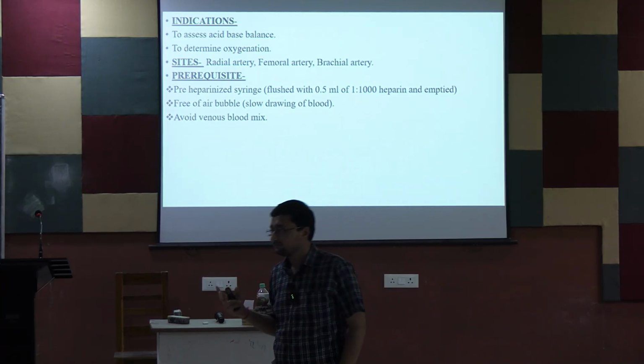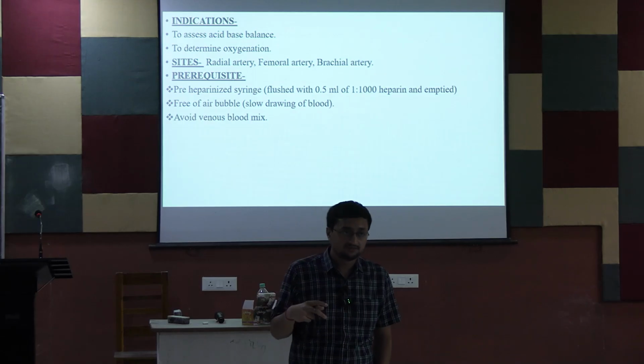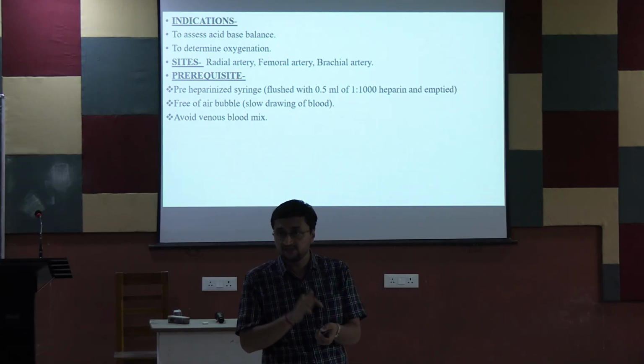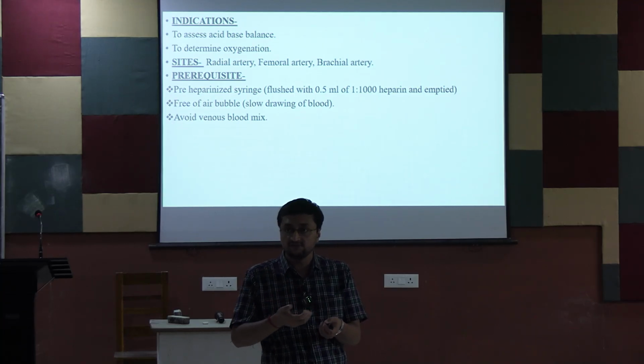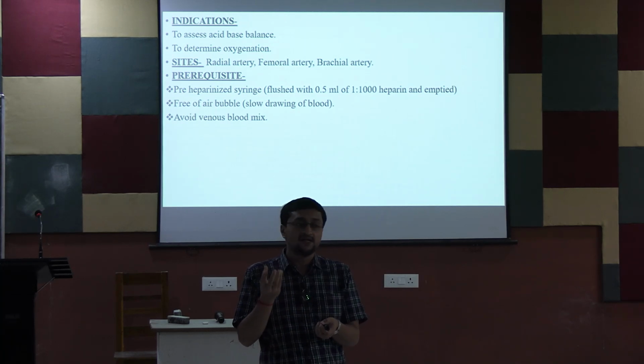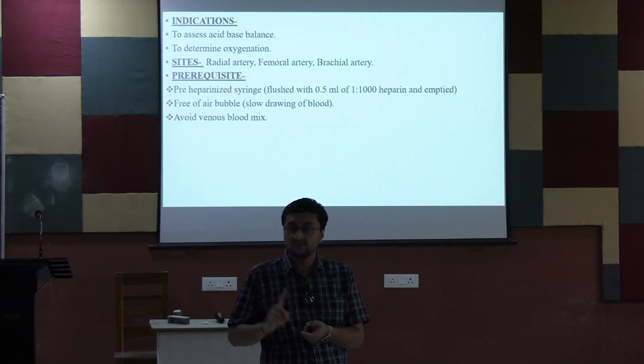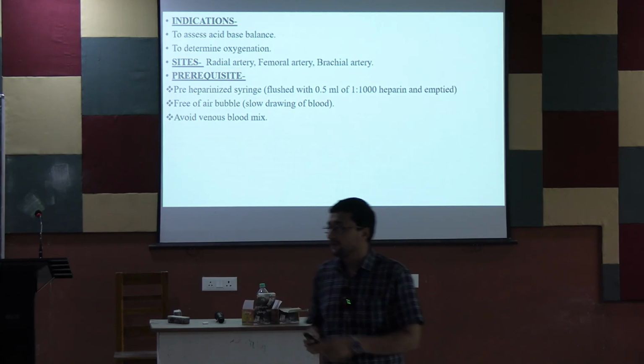Second, when you insert the ABG syringe into the radial artery, you can feel the pulse of the radial artery. So there will be pulsatile flow of radial artery blood through your ABG syringe. This is another marker of arterial blood. Okay.